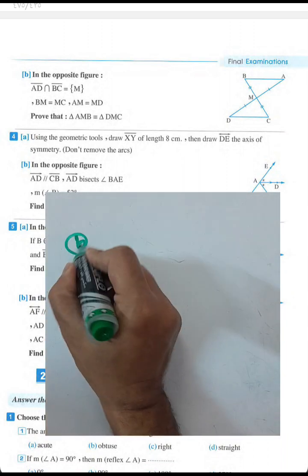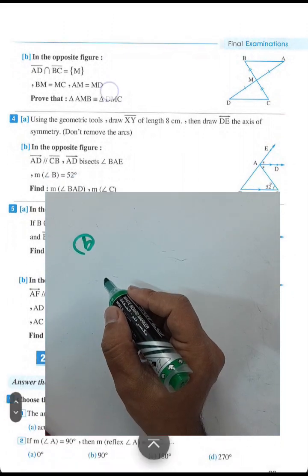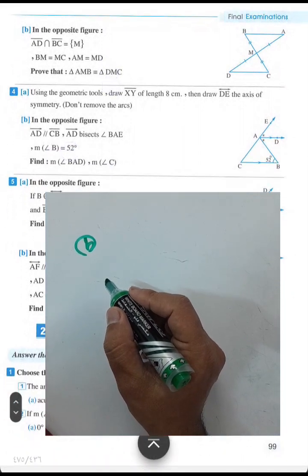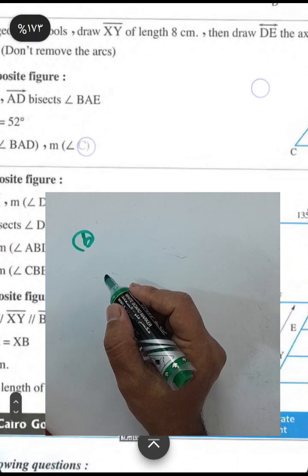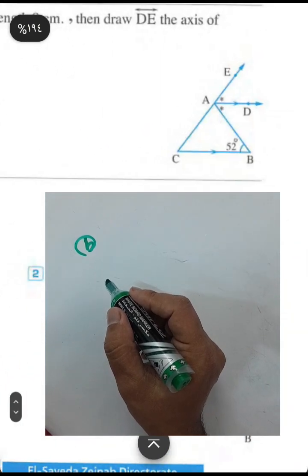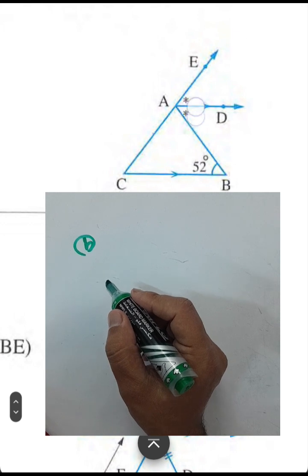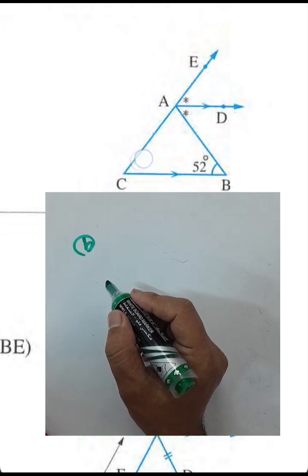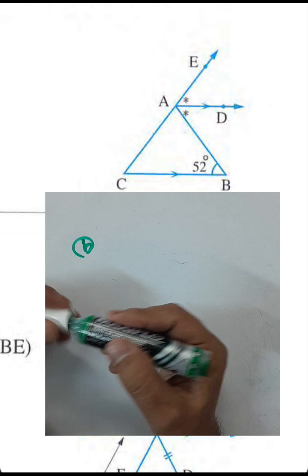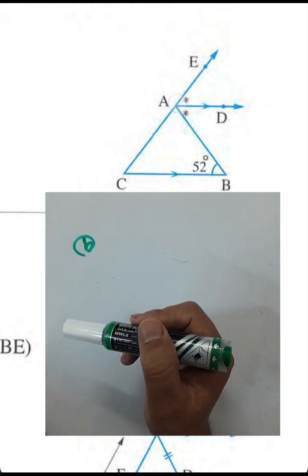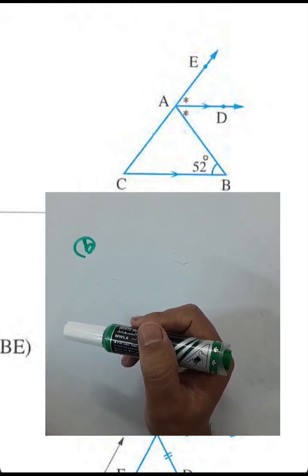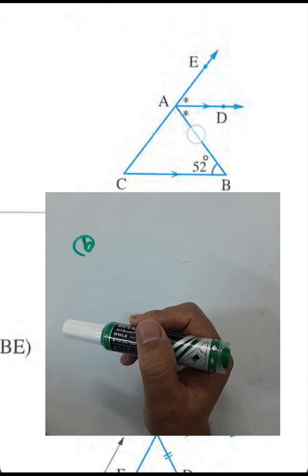Okay, next question, letter B. In the opposite figure, find the measure of angle BAD and the measure of angle C. You want to find this angle BAD, and the measure of angle C. Okay, we have here the ray AD parallel to BC and AB cuts them.